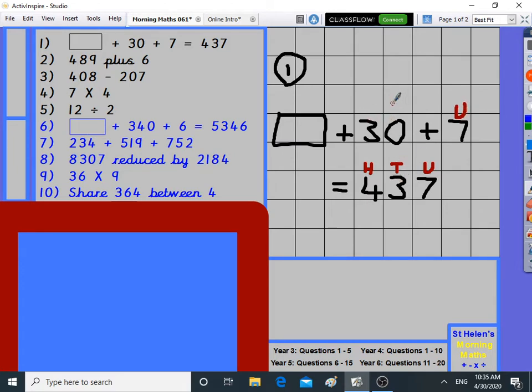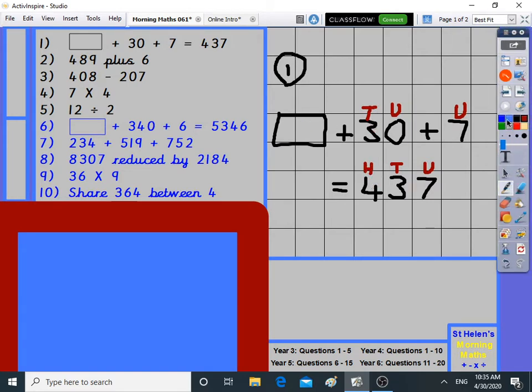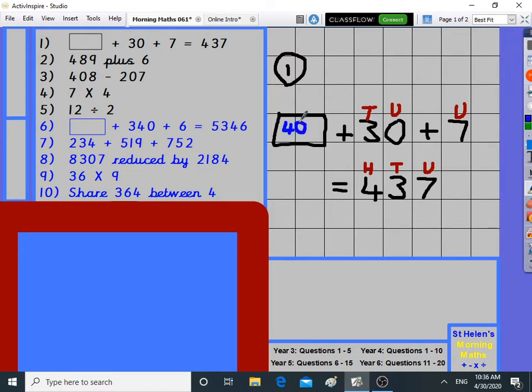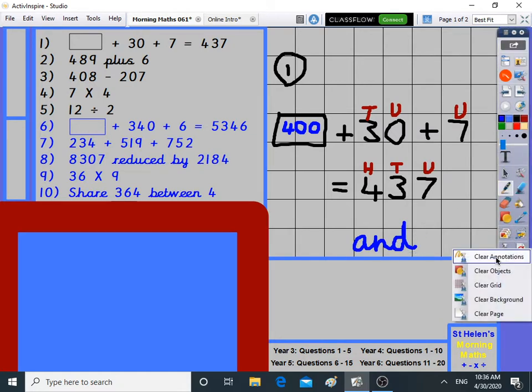The 3 tens, here is units and tens. So the 3 tens is here. What is missing in the question is the 400s. 400 is the missing number. So 400 goes in the empty box, because 400 plus 30 plus 7, 430 and 7 is 437. And in maths basically means plus, doesn't it? And would mean plus. Let's go on to question 2.